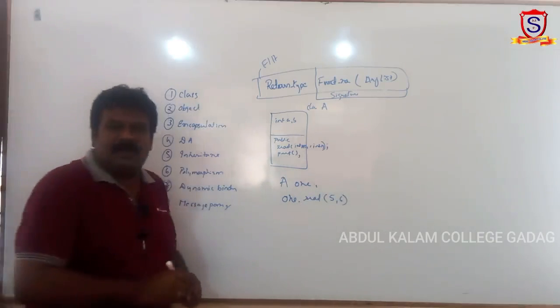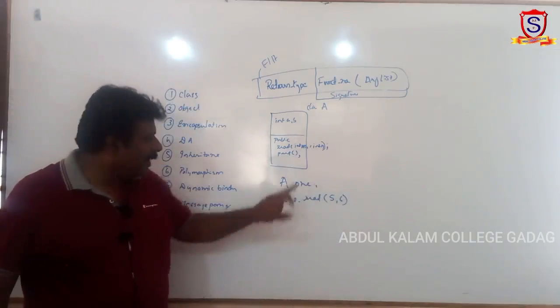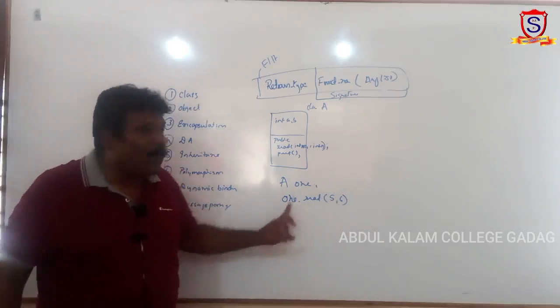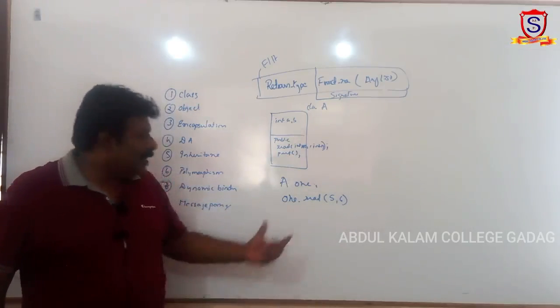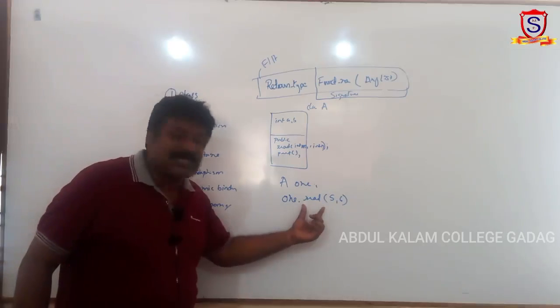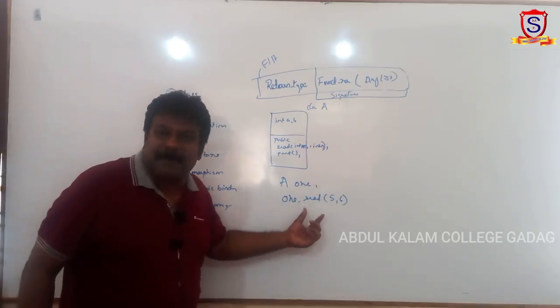Now if this particular function has been written properly, a will be assigned with 5, and b will be assigned with 6. Understood? Now this is the message which is passed by this particular object. To whom has the message been passed?